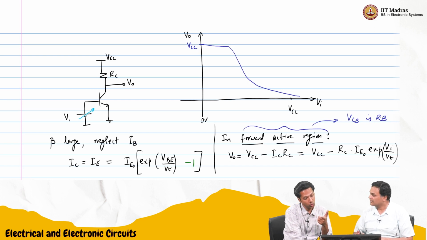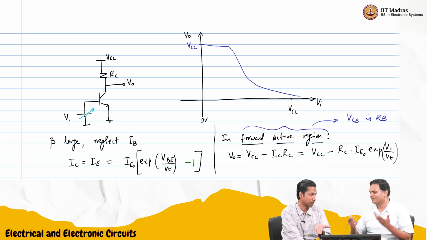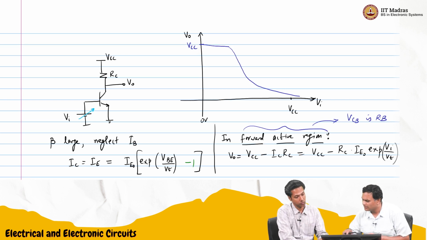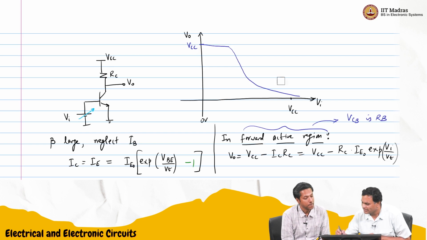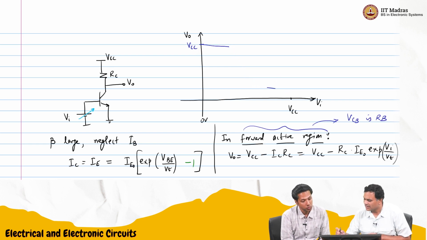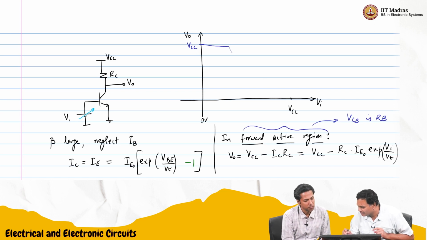If Vi goes above VCC minus ICRC, then it will become forward biased. So till some point it will be like that. I will show it somewhere here. So something like this.